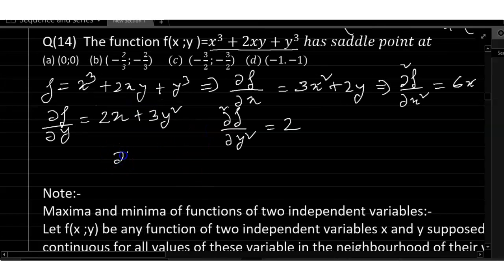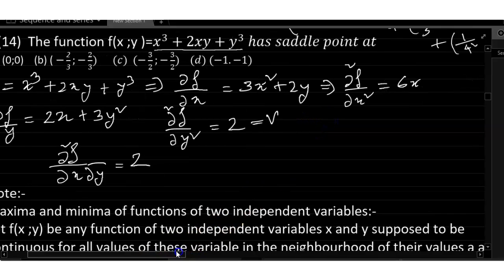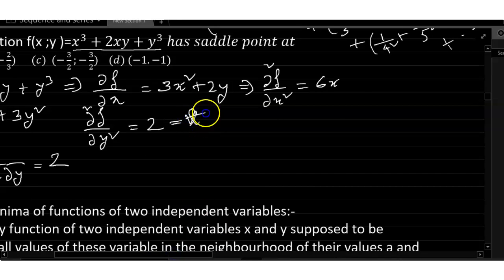After that, del square f by del x del y equals to 2. Okay, this value is 2. So you can write it is r, it is t, and this is s. So the formula is rt minus s square.